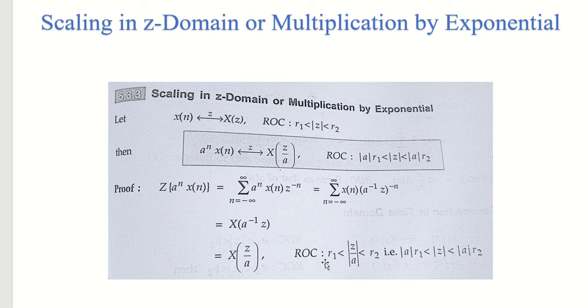But if I want to find the region of convergence for only z, what will happen? For only my Z transform, my region of convergence will differ. This a will get multiplied with both of the radii R1 and R2, and the final region of convergence for the Z transform will be a into R1 to a into R2.